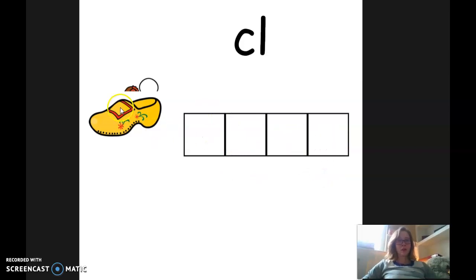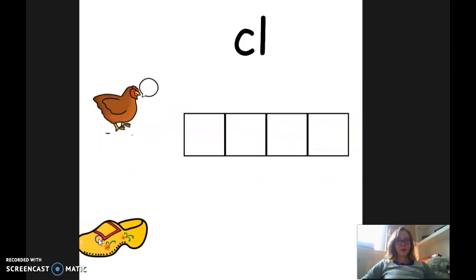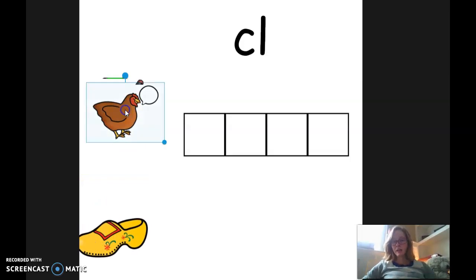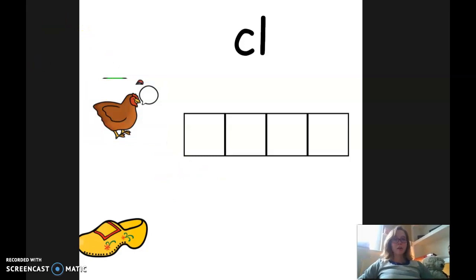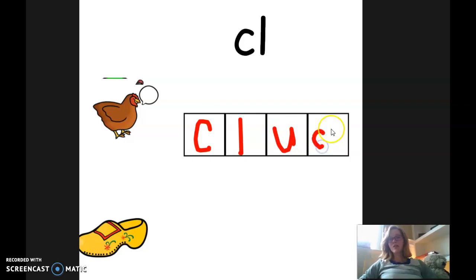All right, this is cluck. Let's say the sounds: k-ul, cluck. I hear that CK at the end. So I'm going to start with k-ul, and then CK, two letters, but they make one sound.